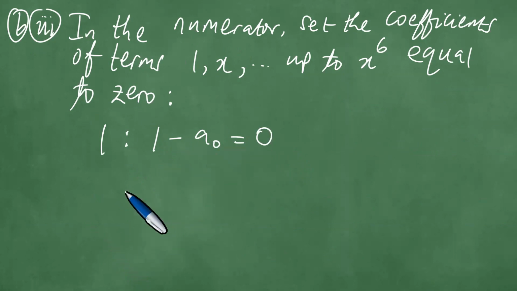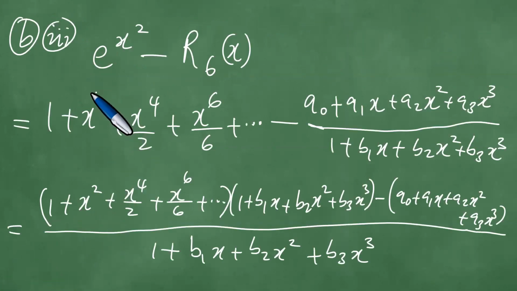You set them equal to 0. Now, this is a very good trick because we really are subtracting these such that we are trying to make sure that these are sort of equal to each other.